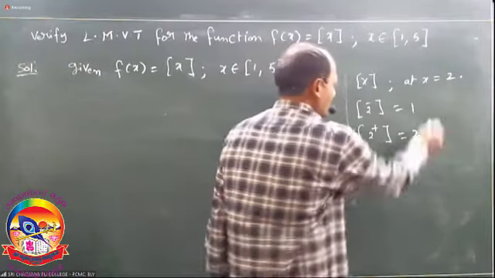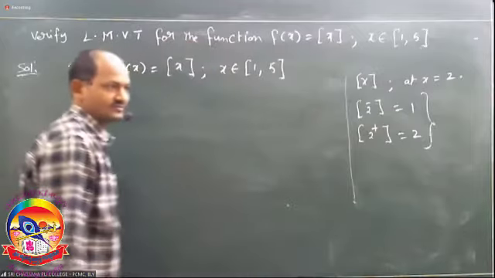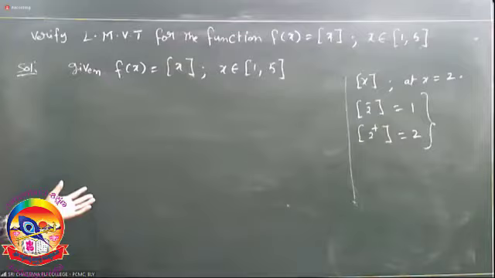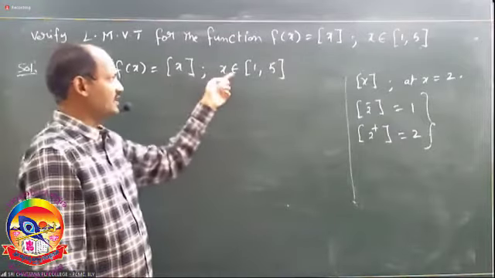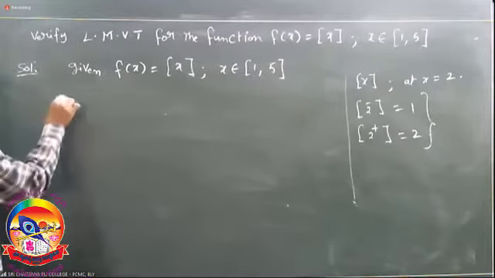Left hand limit is not equal to right hand limit. So it is discontinuous. So the given function f of x equal to the greatest integer of x on [1, 5] is discontinuous.